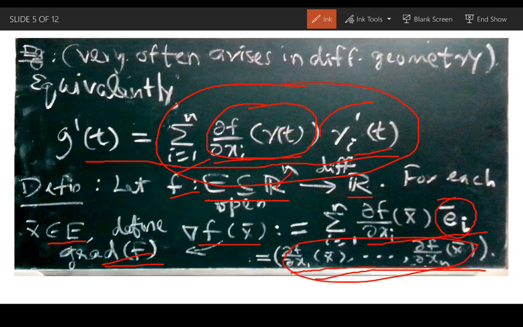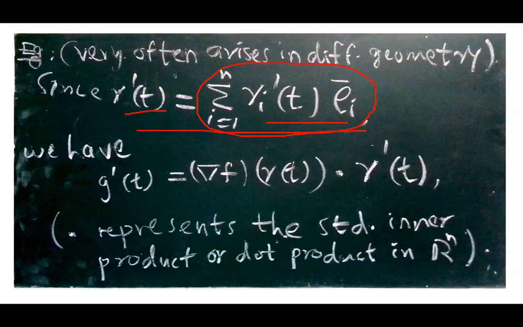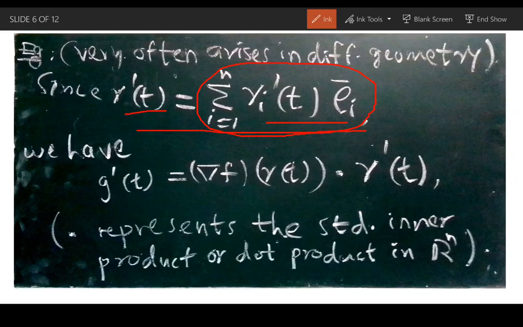And look at this object, this is coming from the column vector gamma 1 dash etc. gamma n dash. So you have precisely sigma xi yi format. So what is sigma xi yi? It is x inner product y. So let us use that to write g dash of t is equal to del f at gamma of t inner product with gamma dash t.